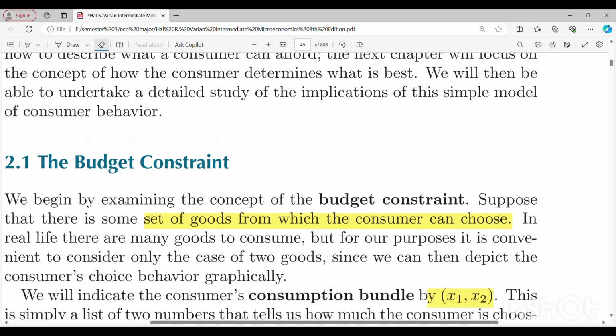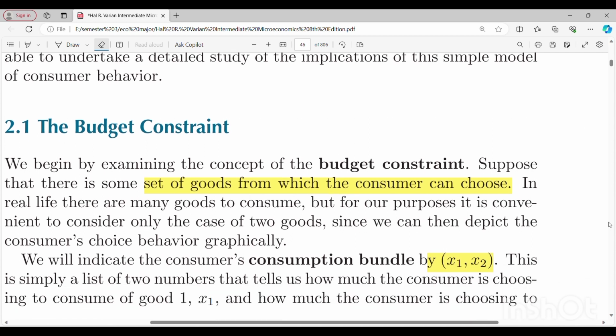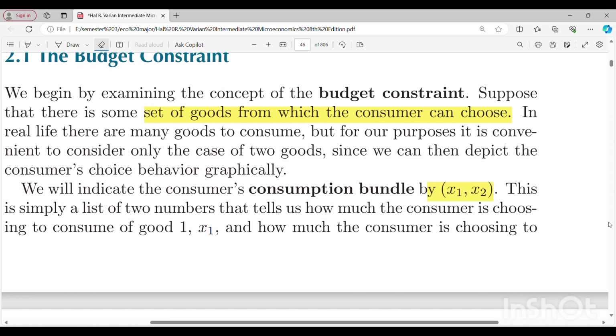Suppose X1 is milk, and the consumer is willing to consume milk. Then X2 will be all other goods other than milk where the consumer is ready to spend his money. That simply is the composite good.